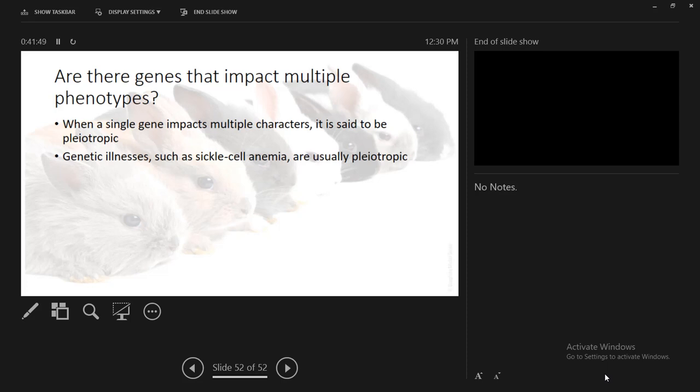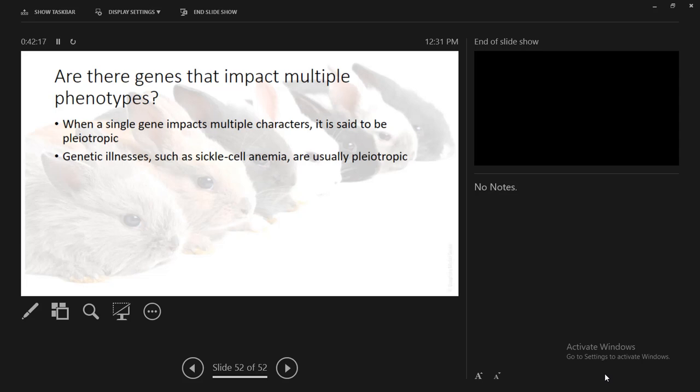With sickle cell anemia, you're going to have blood clotting issues. You're going to have issues in tissues that are highly oxygen dependent because you can't carry oxygen as efficiently. So you're going to have neurological issues, and issues in other oxygen hungry tissues, muscles, the liver. A lot of these tissues are going to be impacted by a single mutation.